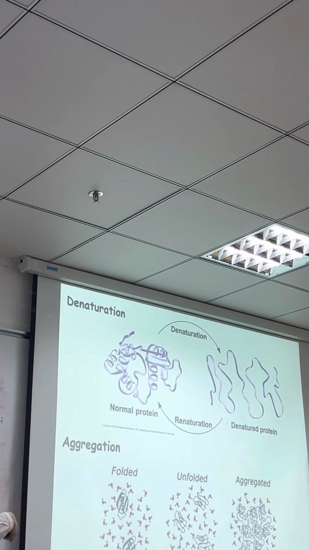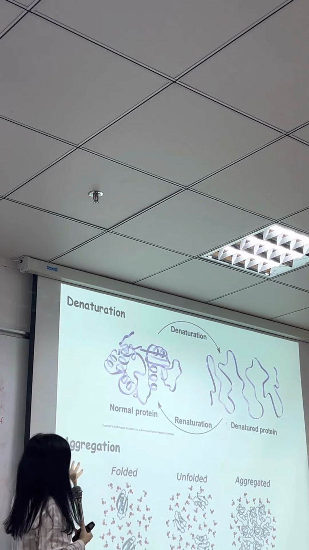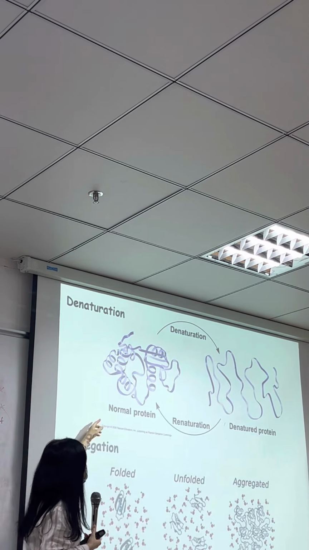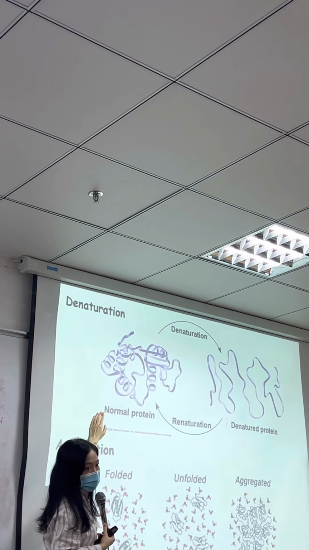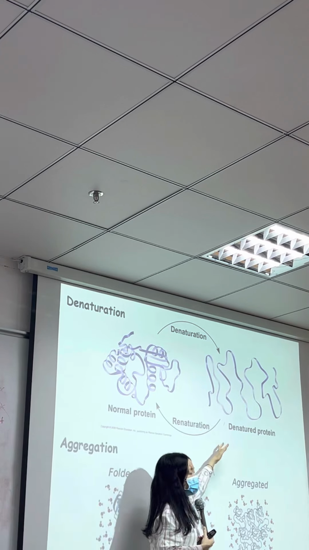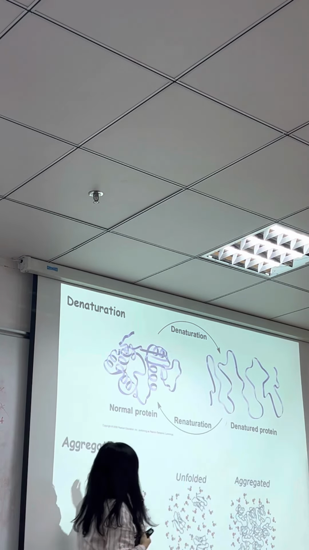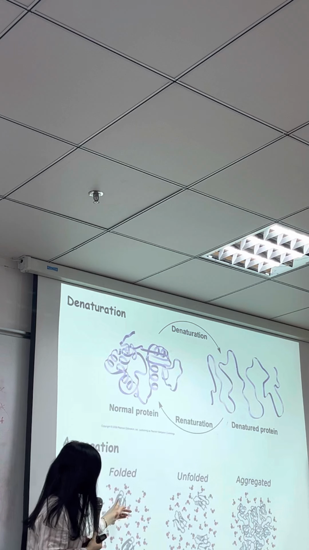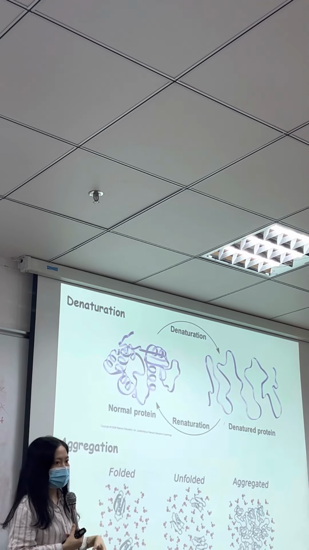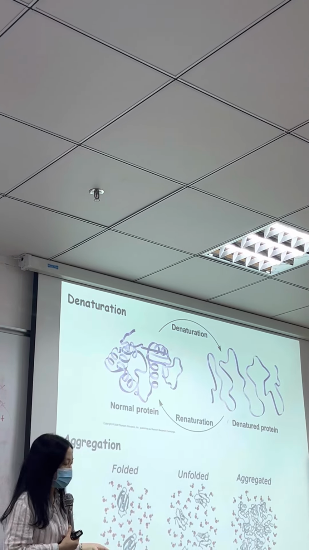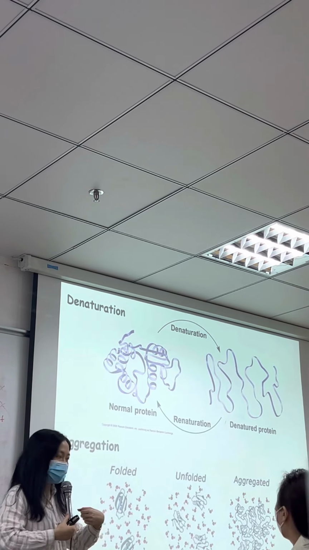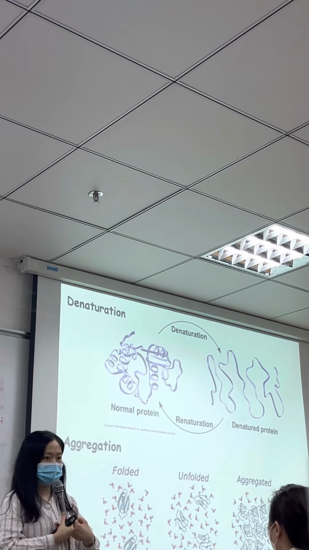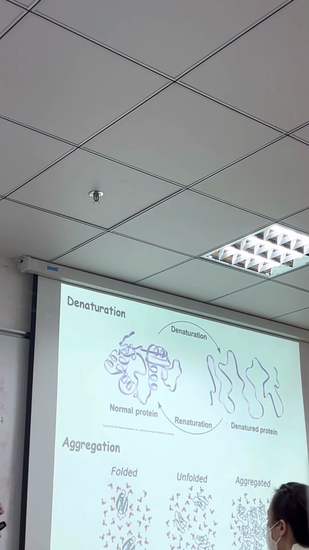So the mechanisms of the two processes are different. In denaturation, bonds between amino acids are broken and the protein comes back to polypeptide form. But in aggregation, maybe some covalent bonds and ionic bonds are still available, but the protein becomes stuck together again in a water solution.